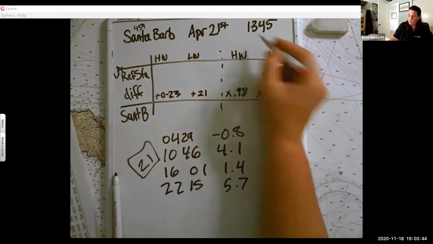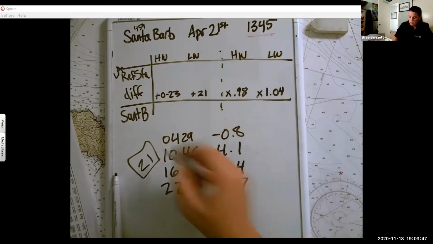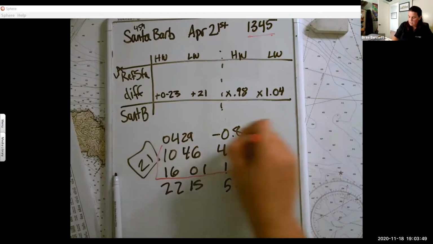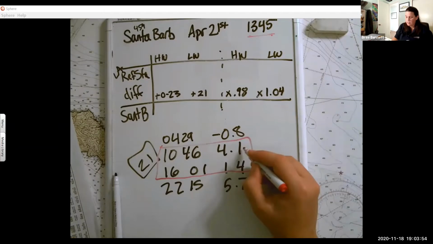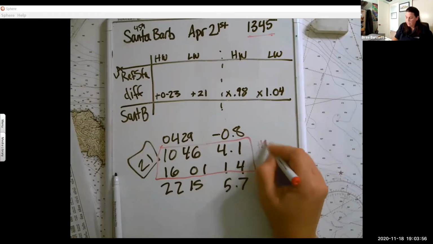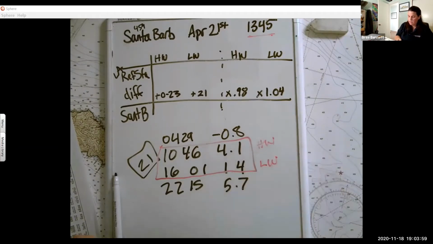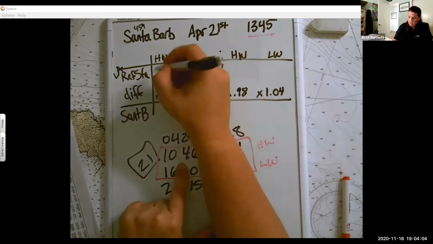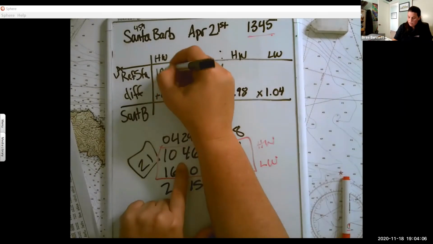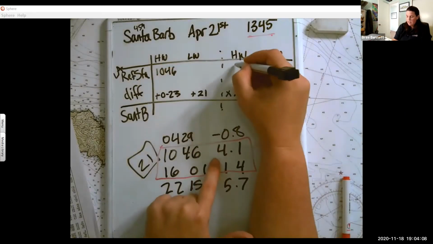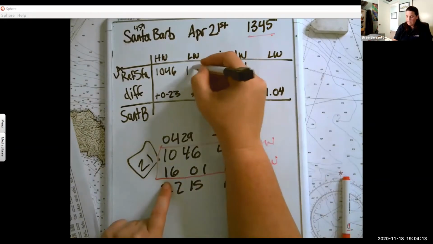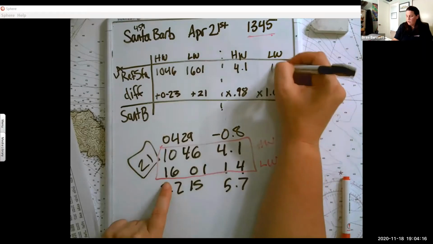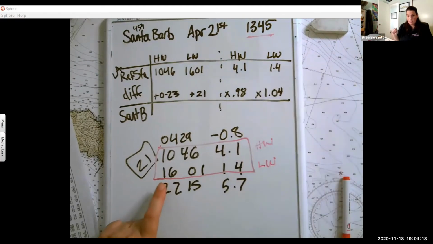And I want to sandwich this time, so I'm going to pick these and note which one's high water and low water. This one's the bigger, so this is high water, and this is low water. Now when I plug this in, high water was at 1046 at 4.1 feet. Low water was at 1601 at 1.4 feet.